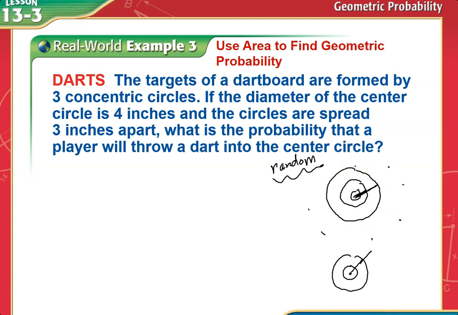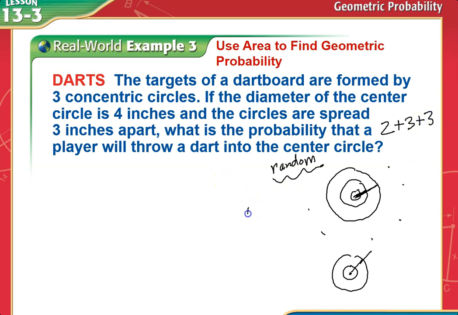We know that the inner circle has a diameter of 4, which gives me a radius of 2. And then they're spread out 3 inches apart, so we have a radius of 5 and then a radius of 8. So the large circle has a radius of 8.